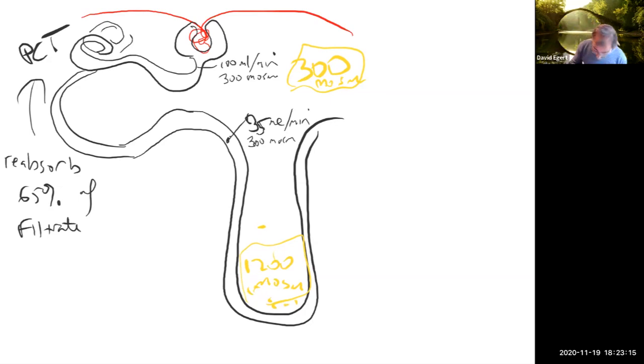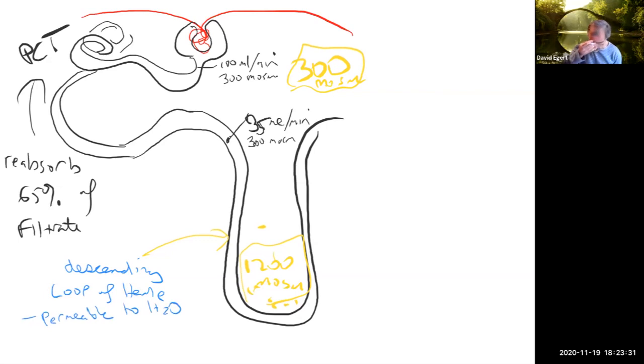So now here in this descending limb of the loop of Henle, which we said is permeable to water, if it's permeable to water and the filtrate that's coming down is 300 milliosmolar and it's 1200 milliosmolar outside, what's going to happen?